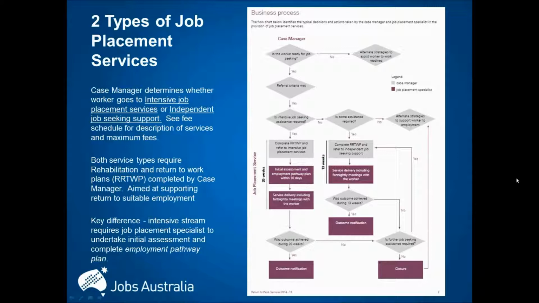Basically what you can see there is that the case manager is making the decisions early on, and they make an assessment about whether someone needs to go into job placement services or not, and whether they need intensive services, which is the stream on the left-hand side, or whether the person just needs independent job-seeking support. And the fee schedule has a detailed description of the types of services that are under both of those streams.